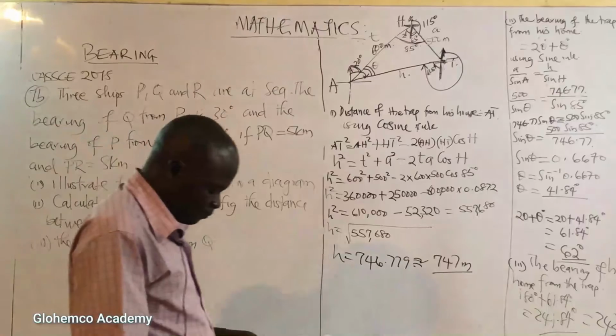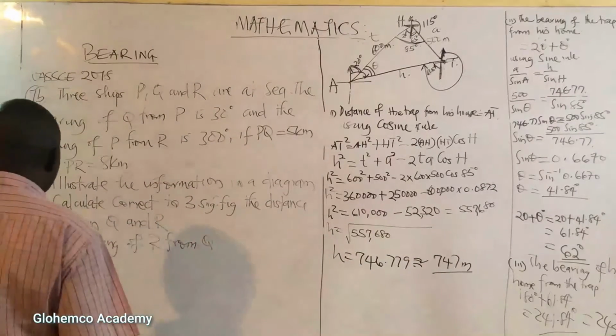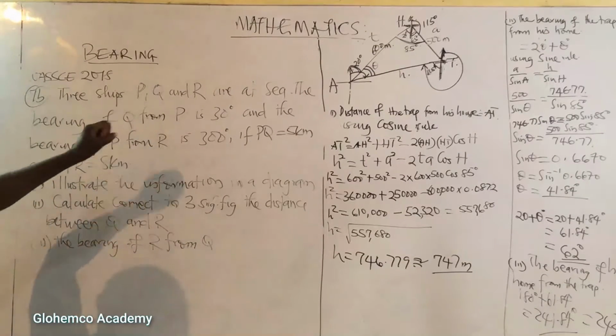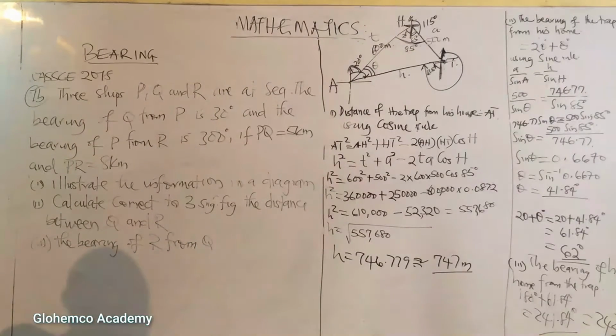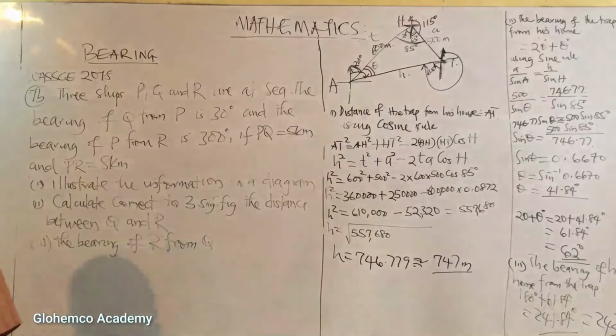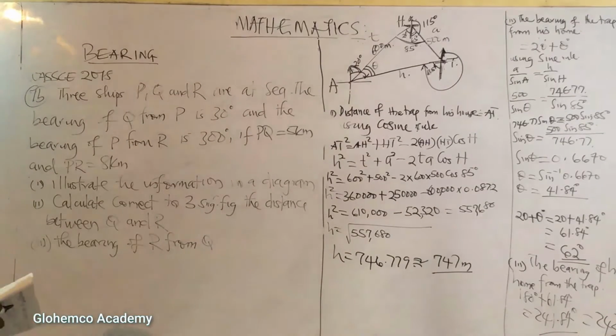This one is recent. We have to calculate 3 things. The 3 ships, P, Q, and R are at sea. The bearing of Q from P is 30 degrees, and the bearing of P from R is 300 degrees.